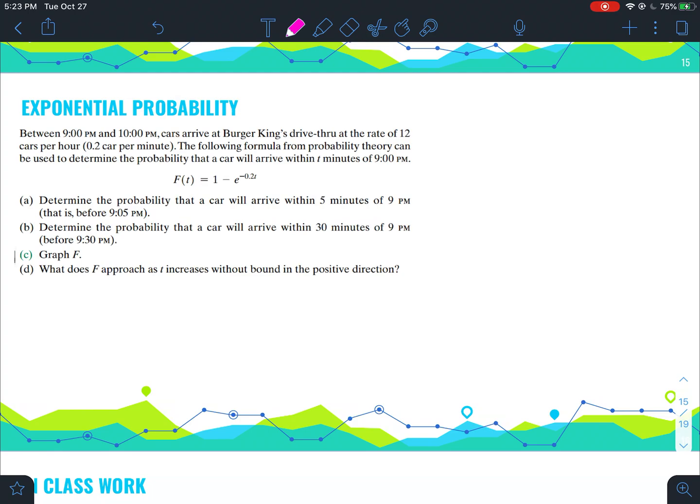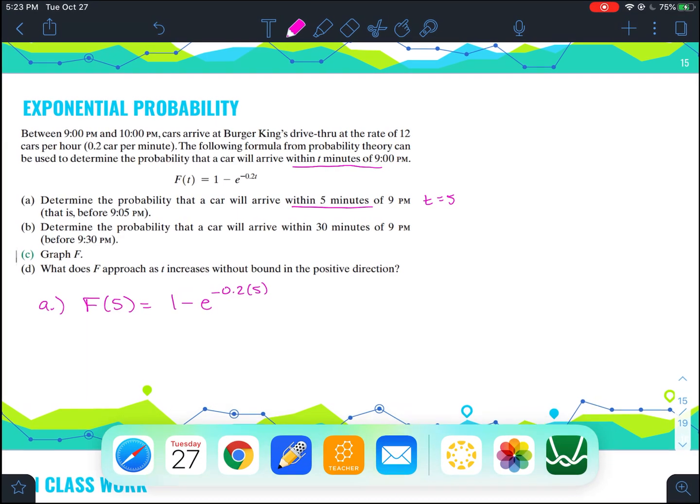So if we want to determine the probability that a car will arrive within 5 minutes of 9 p.m., so within t minutes, within 5 minutes, that would mean t is going to equal 5, for example, A. So we're just going to plug 5 in. We want f at 5, and that's going to equal 1 minus e to the negative 0.2 times 5.